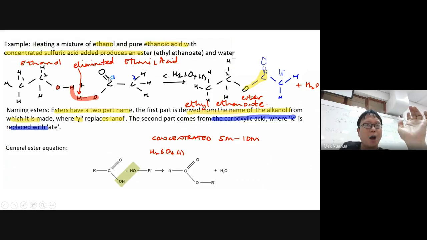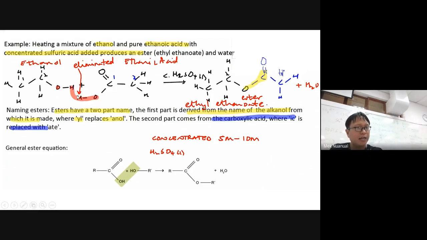When you show this mechanism, write the double bond here and then this single bond to the O here with its H, because where the reaction is really happening is the H from the OH on the alcohol will get together with the OH on this part of the carboxylic acid.